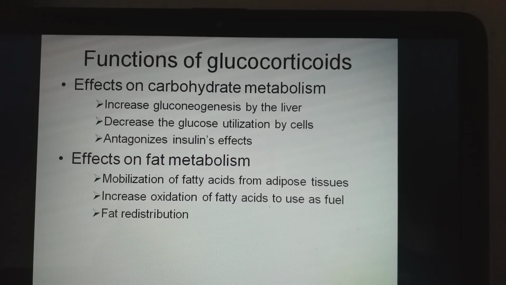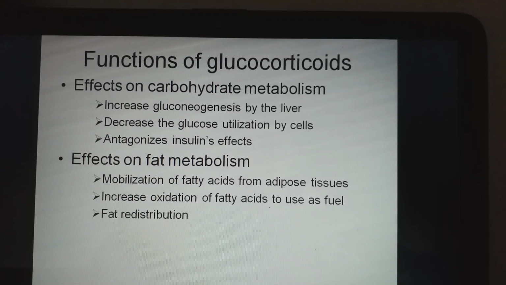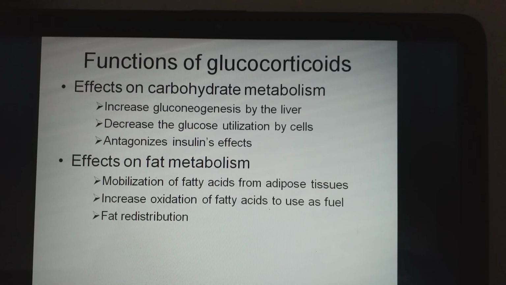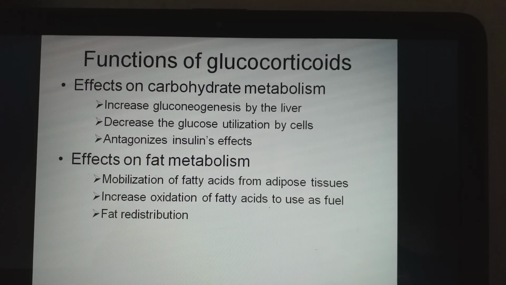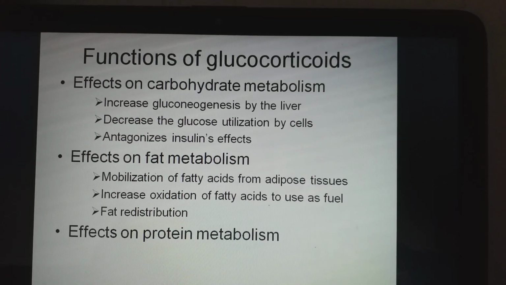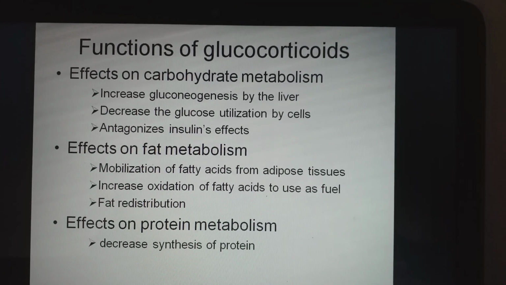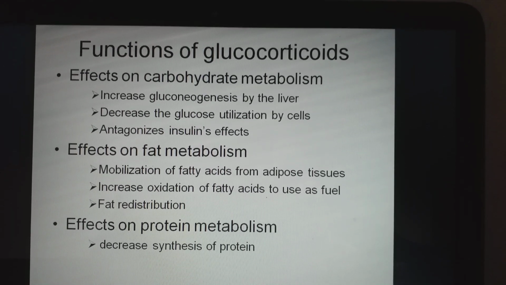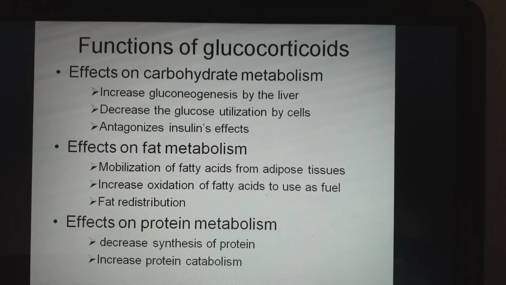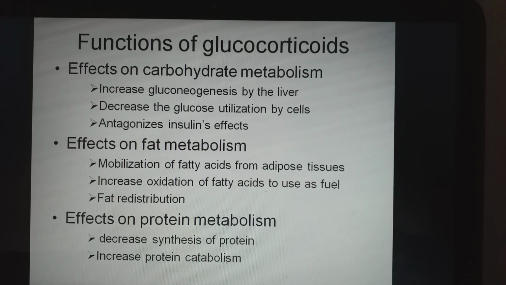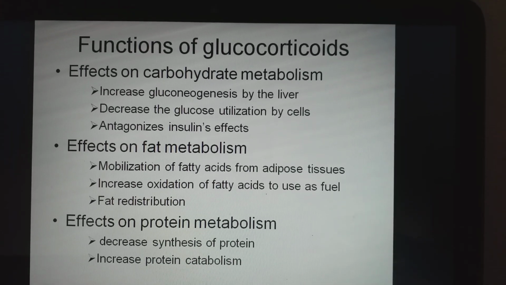The rest of the fatty acids are again deposited in the central abdominal area, your tummy area. That is known as fat redistribution. Then protein metabolism. It decreases the synthesis of protein while it increases protein catabolism. So it has a protein catabolic effect, right?